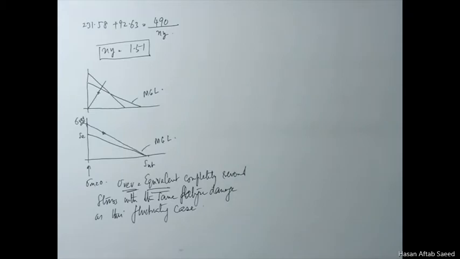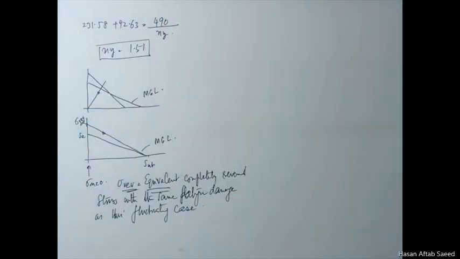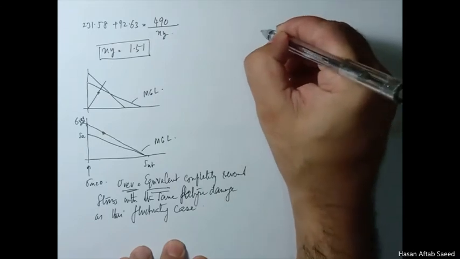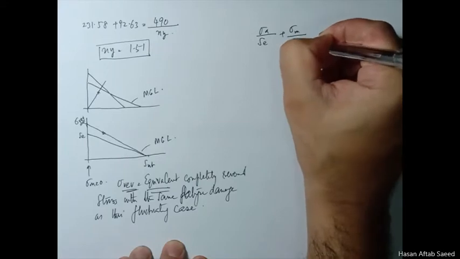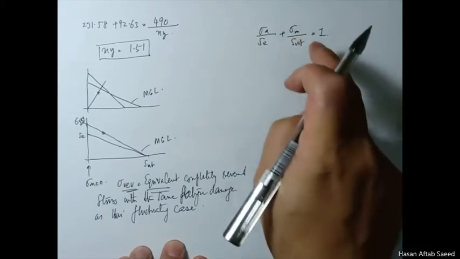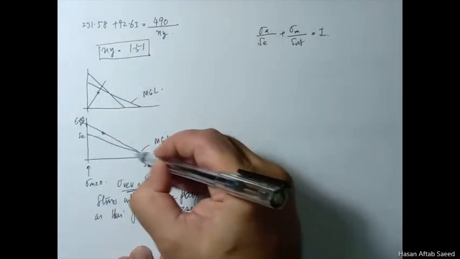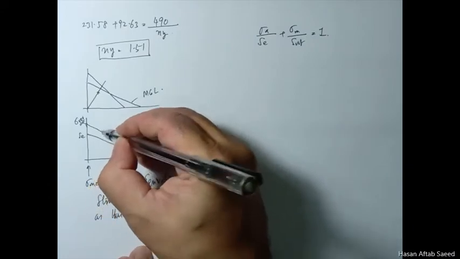And how to find this sigma rev, sigma completely reversed? Again, we don't plot it to scale and then measure these things. We have the equation for this modified Goodman line, and if you recall, the modified Goodman line is simply sigma a over Se plus sigma m over Sut is equal to 1. We are not going to use factor of safety here because now we are talking about this line. The point is not even on this line, the point is on this line.